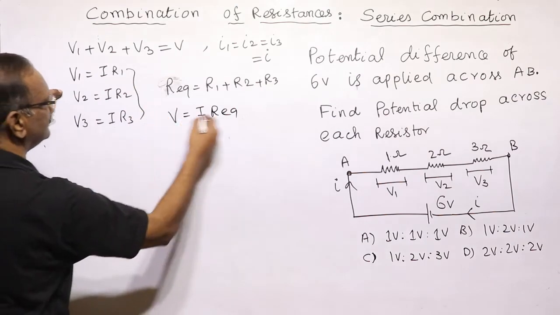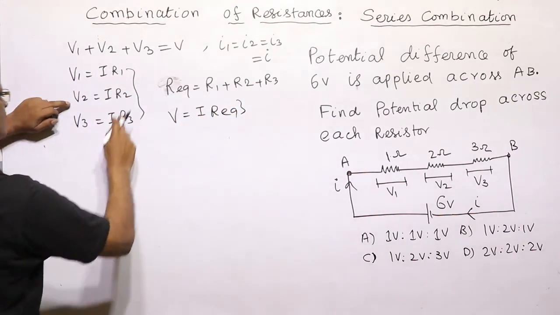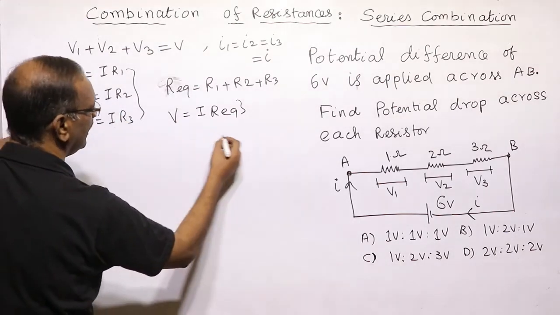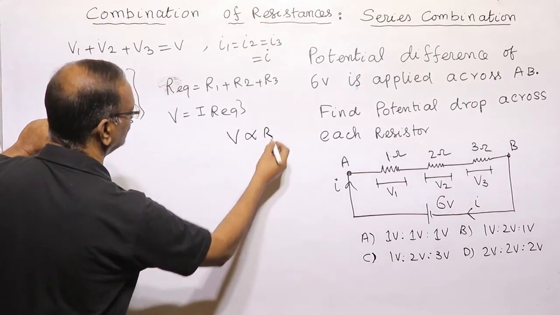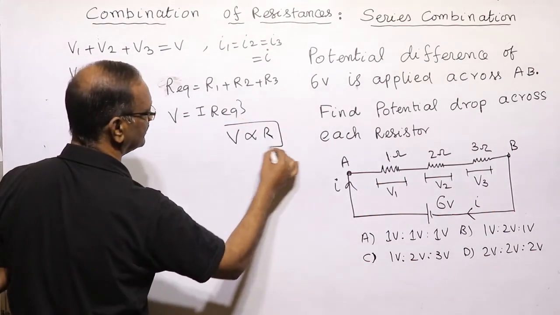From all these, V1 is proportional to R1, V2 is proportional to R2, V3 is proportional to R3, because I is constant. In general, V is proportional to R.